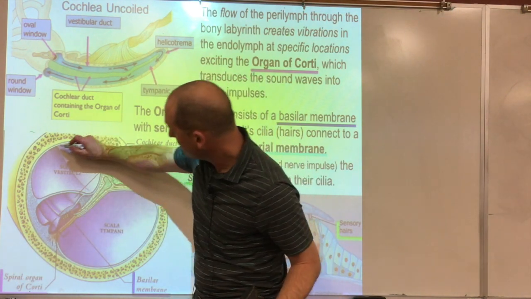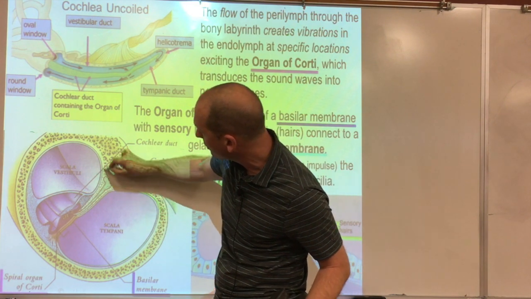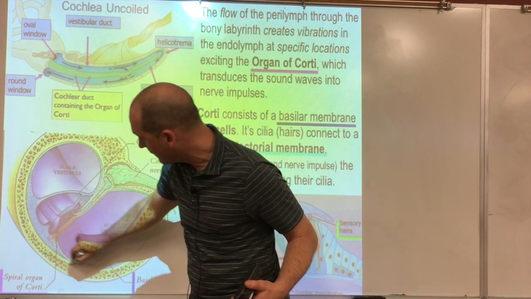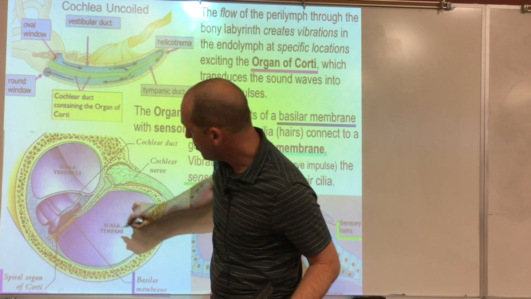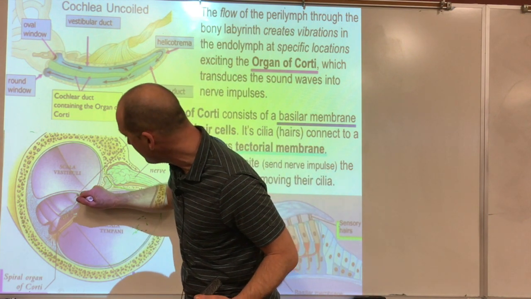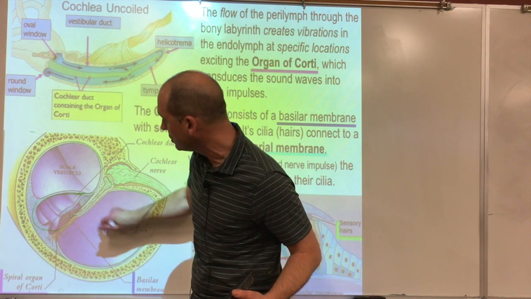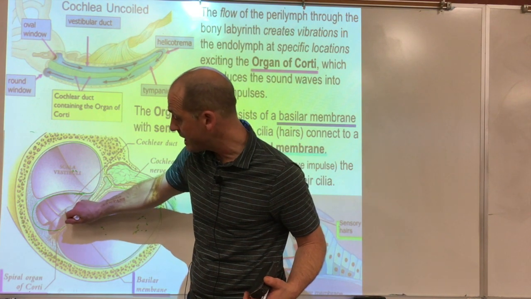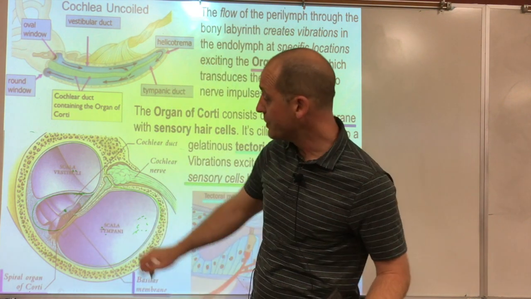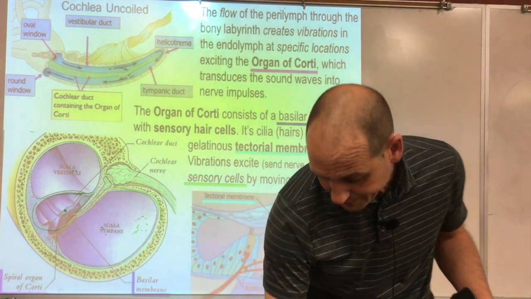This whole structure here is the carved out part of the bone, and that essentially has perilymph in it. But in there we have that membrane structure right in here, and that cuts the perilymph in two. And then this is that endolymph filled thing. And so this is where we hear.